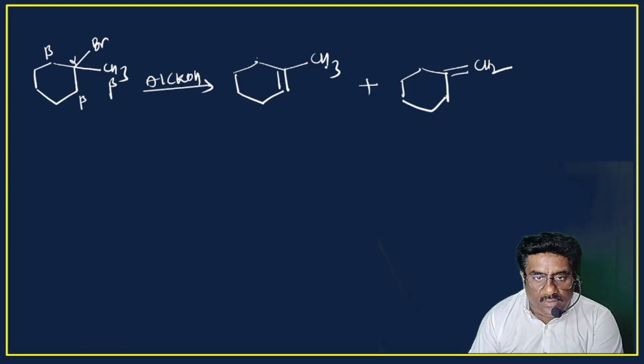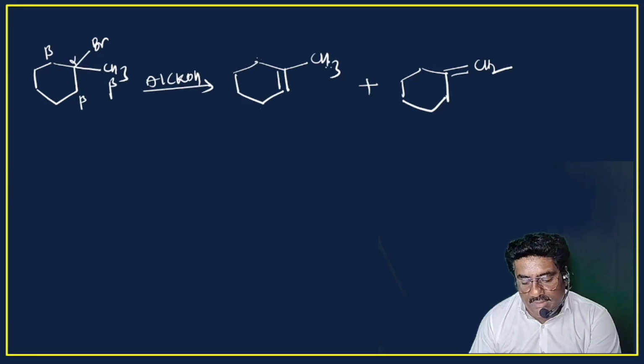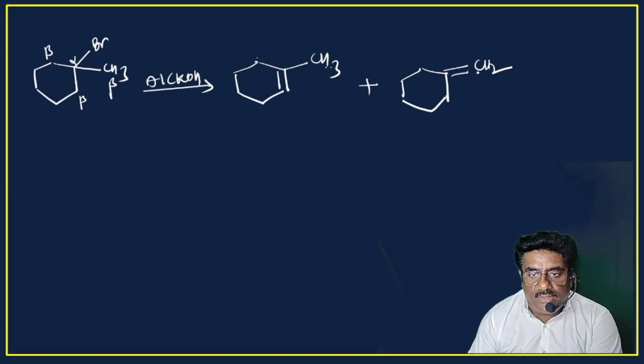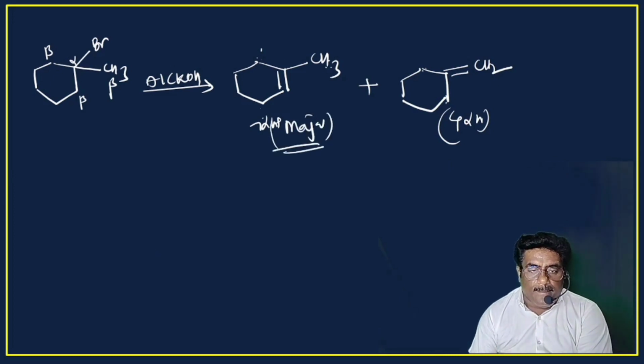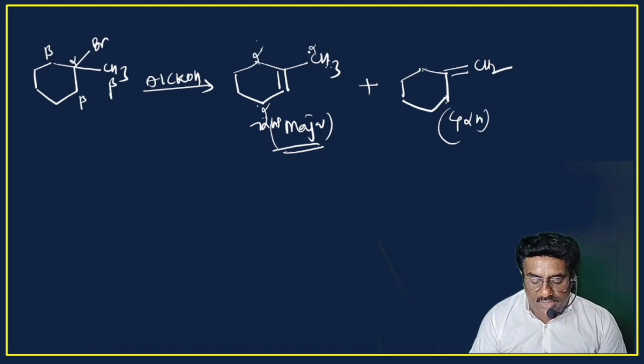Sorry, alpha 3 plus 2 plus 2, 7 alpha hydrogens. The other has only 4 alpha hydrogens. 7 alpha hydrogens, this is the major product.